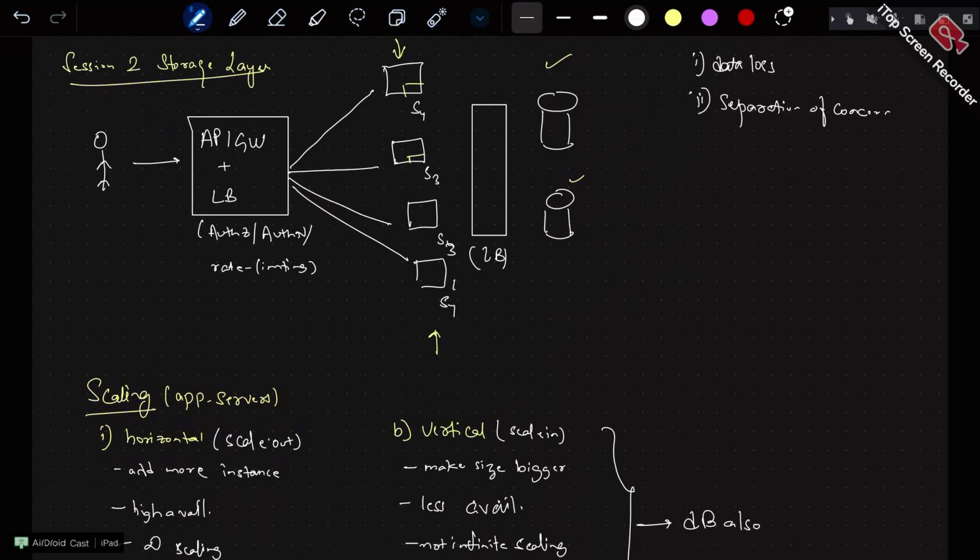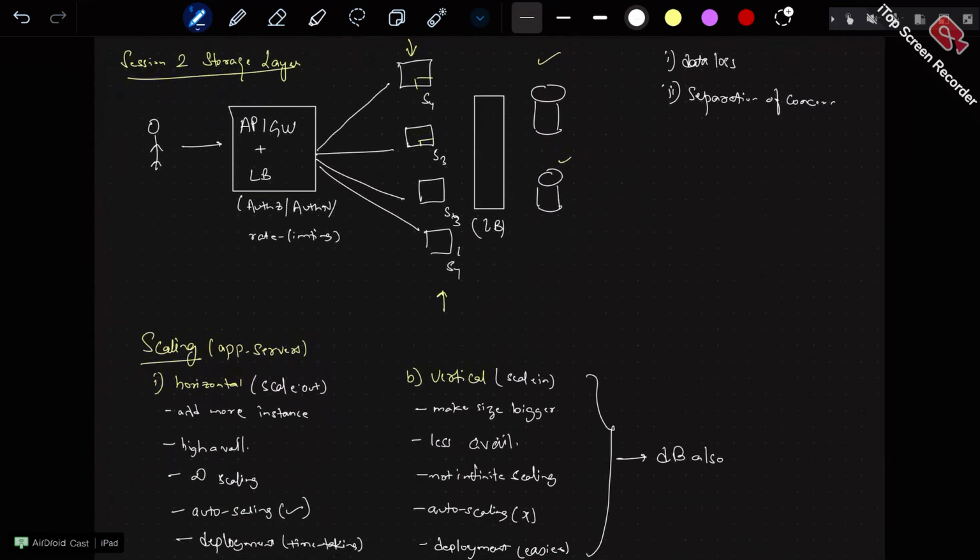Because data store is very cheap, at the initial level we take a huge database. So our concern should be mostly the application servers, because they are an expensive resource. In case of the data store, we don't generally talk of that, but we do have to talk about the mechanisms of data scaling and what happens when data scales.